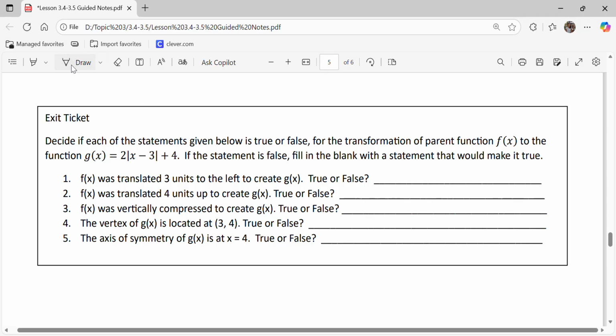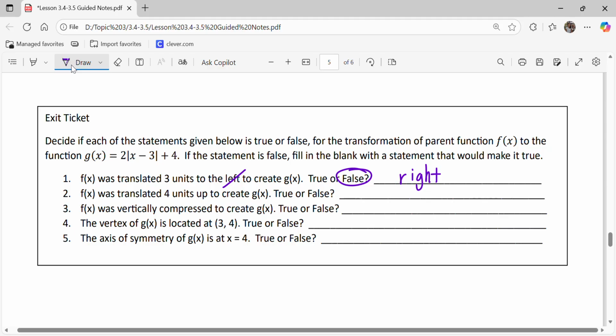Then here, decide if each statement is true or false. If it's false, write a statement that would make it true. If f of x was translated 3 units to the left to create g of x, that should be false because it should be translated 3 units to the right.